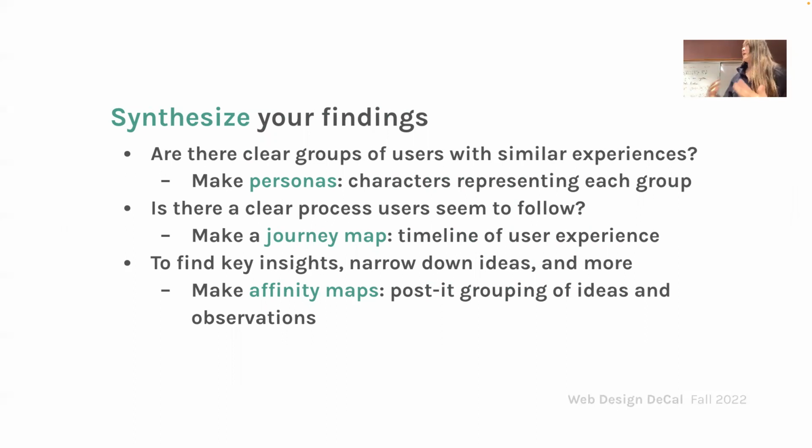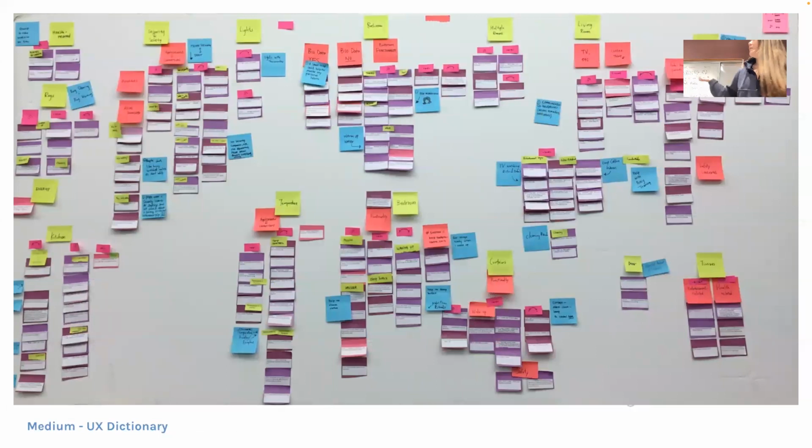I wouldn't prioritize it too much, but it's more applicable when you have a large breadth of research. This is an example of what an affinity map might look like. Again, it's a lot of information and not super applicable to this class, but it's a method to narrow down a large breadth of research and identify what the main problems may be.